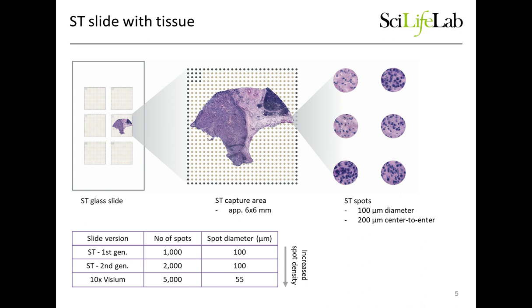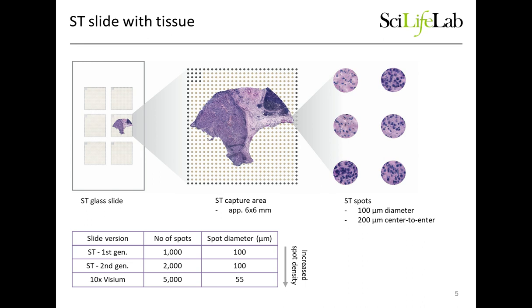The spots have a diameter of 100 micrometers and a center-to-center distance of 200 micrometers. Furthest to the right, we can see that one spot is covered by a varying number of cells, and these will all get the same barcode in the sequencing data. Again, the slide I'm showing here has 1,000 spots per capture area.